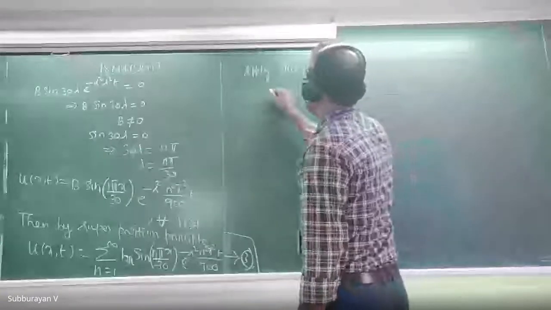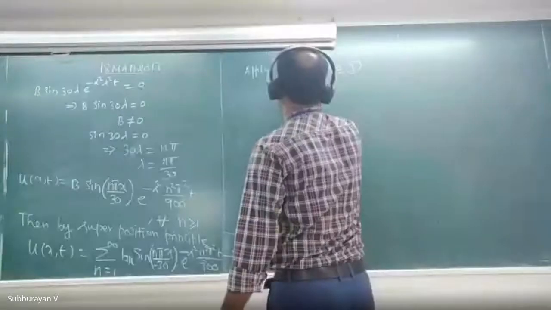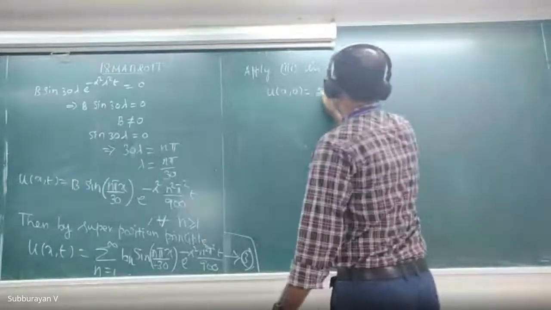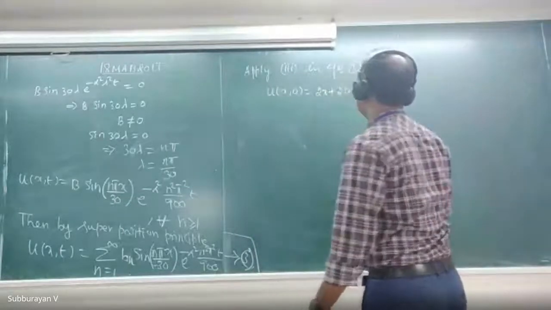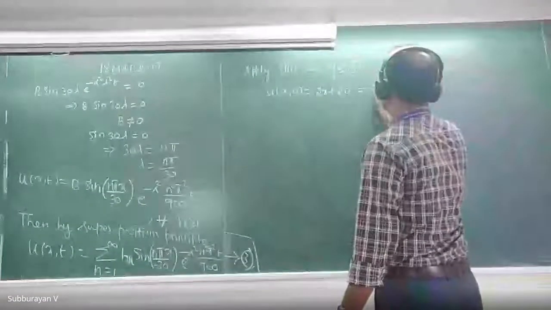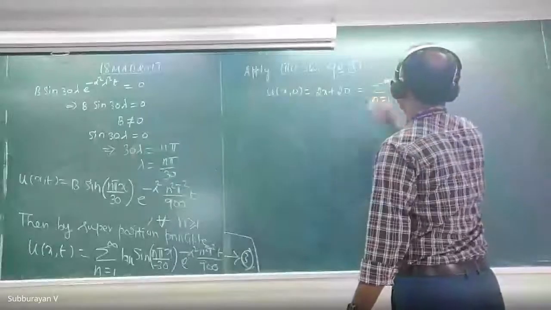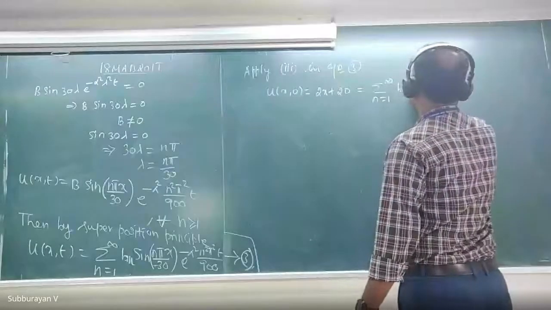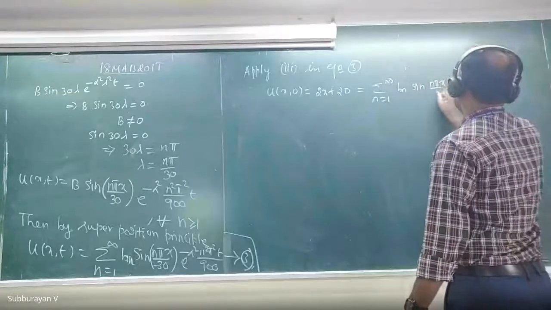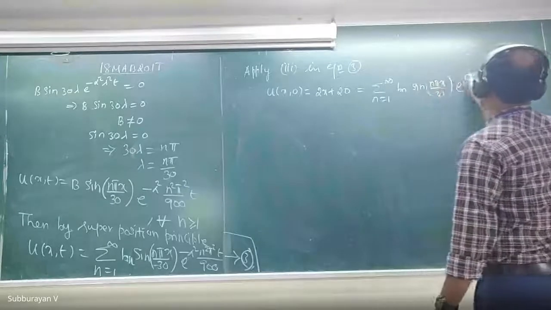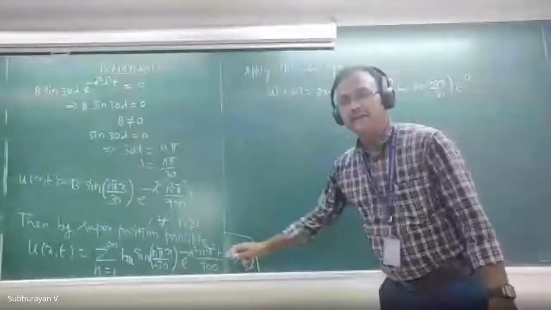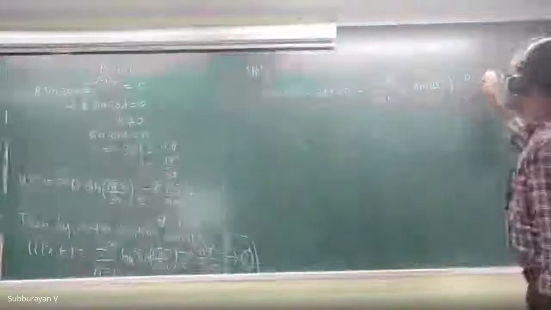That is, u of x comma 0, which is 2x plus 20, is equal to summation n equal to 1 to infinity bn into sin n pi x divided by 30 into e power 0. We replace t equal to 0 here, so this becomes e power 0.